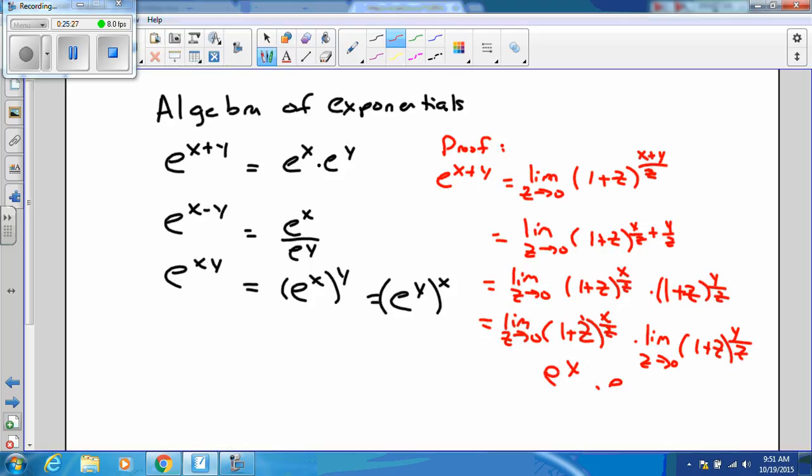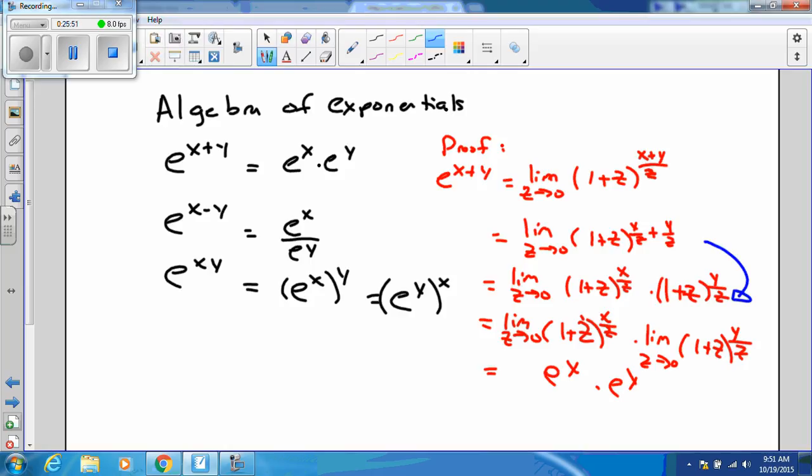Now each of these quantities here is equal to e to the x and e to the y respectively. So algebraically that makes sense to us, but notice that I pulled a fast one right here. How did I get from here to there? Well, I appealed to the sum rule property of exponents for the generalized exponential.